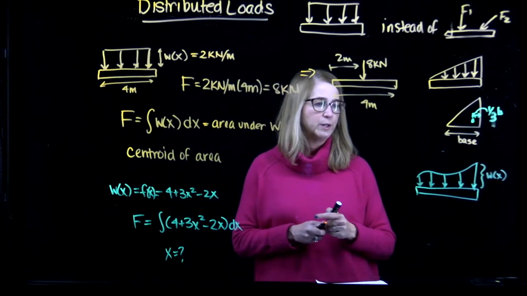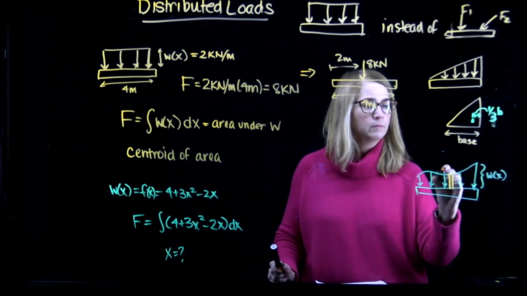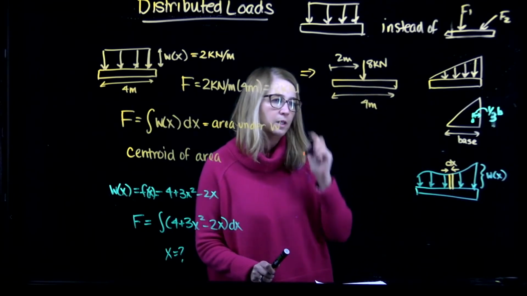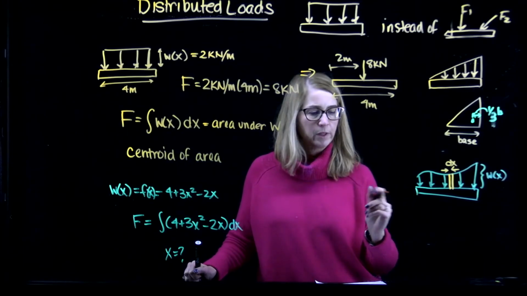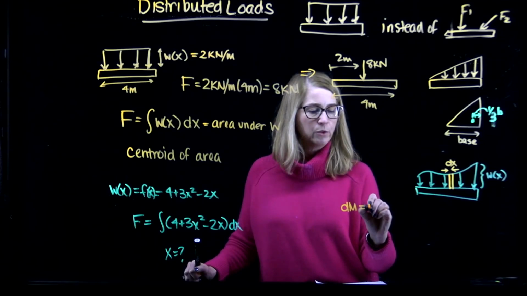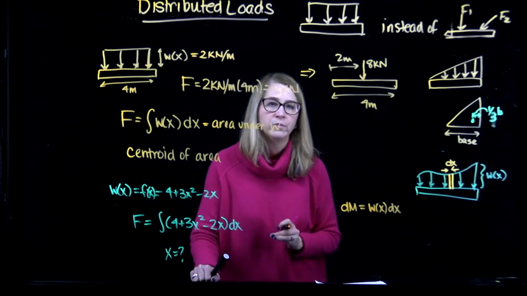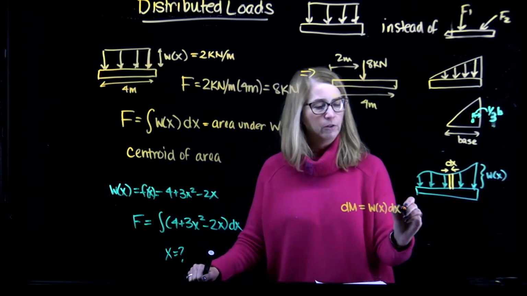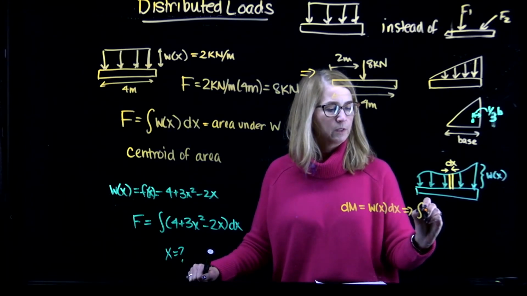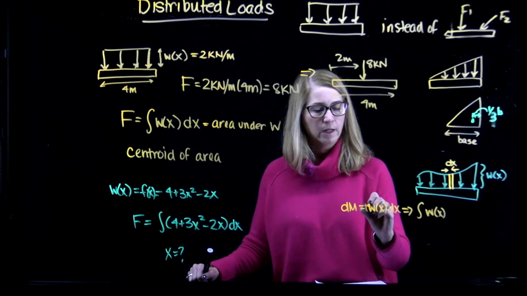Now, if I imagine a little piece of it, if I just took a little strip of that, that would be providing a moment that would be equal to w of x times dx. That would be the little moment. And if I integrate this entire thing, it'll give me the total moment. Oh, I'm sorry, I need an x here.